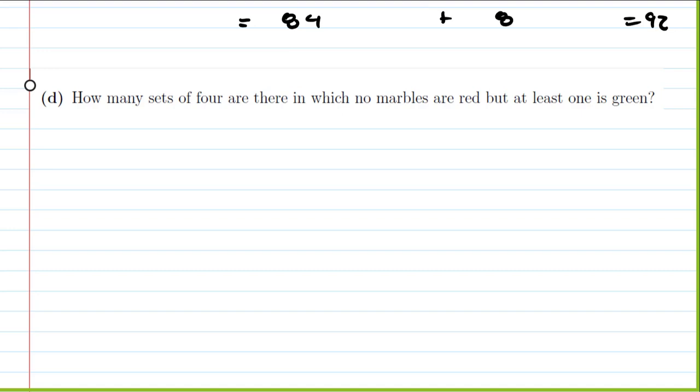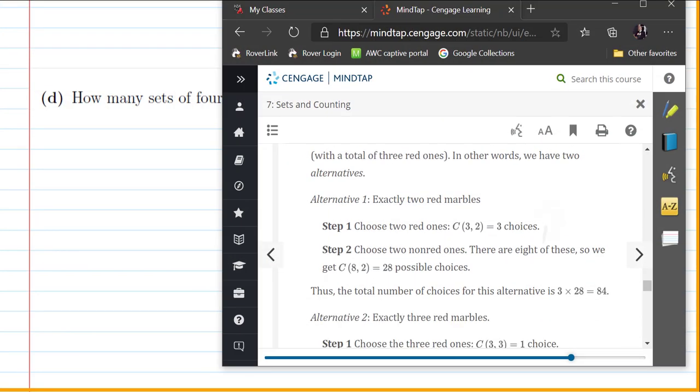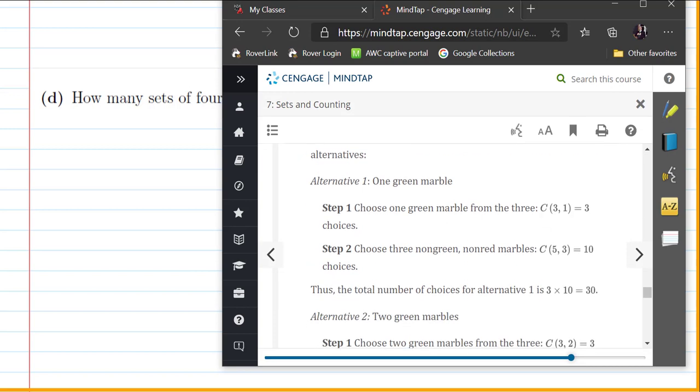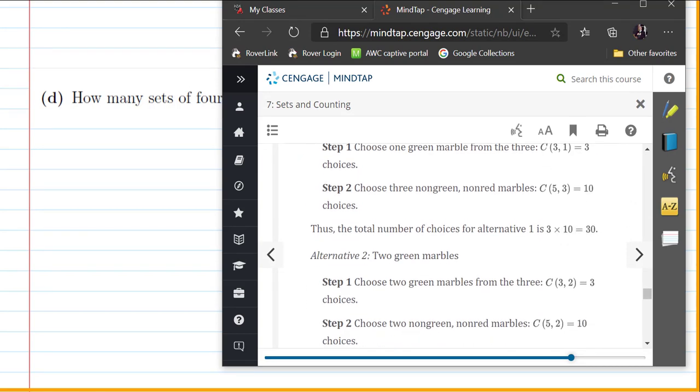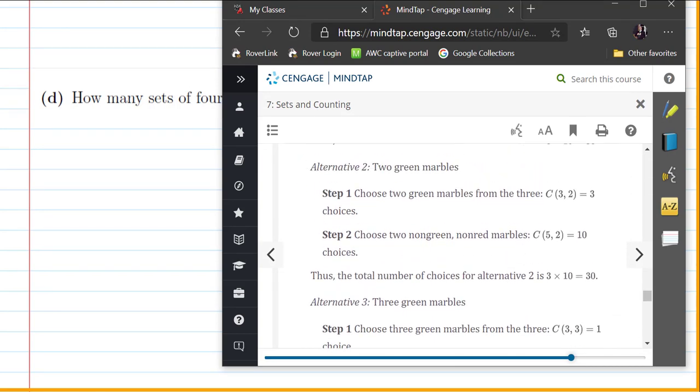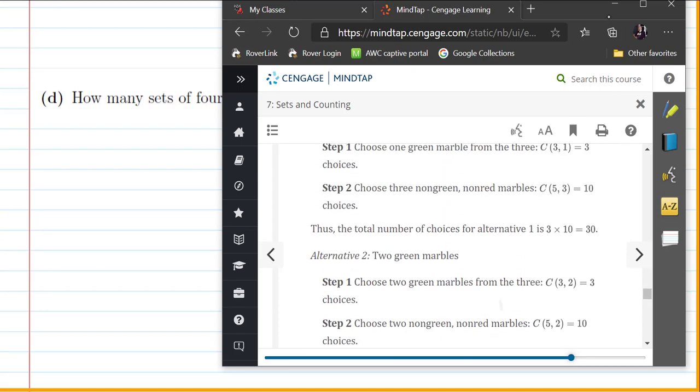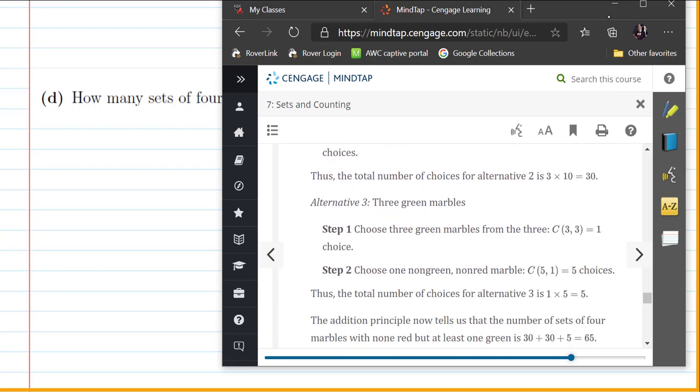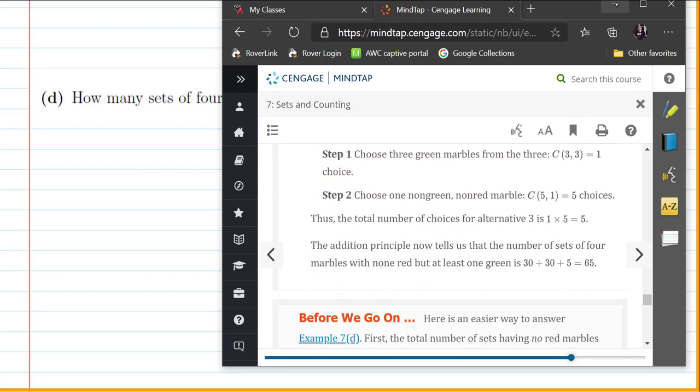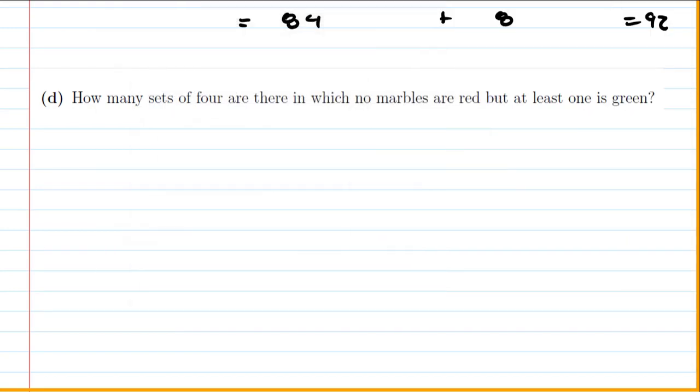Well, we just did an example of at least 2 red. So how are we going to get that to work? But we want at least one green, right? Okay. So, how are we going to do at least 1 green?